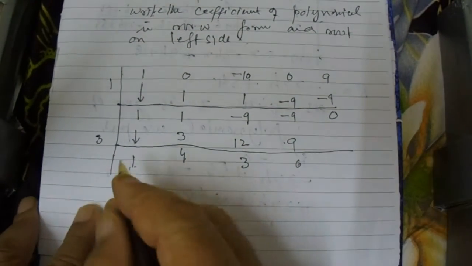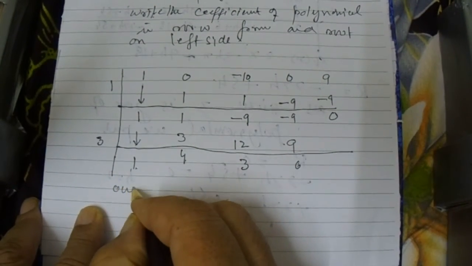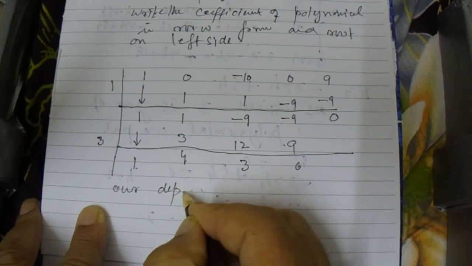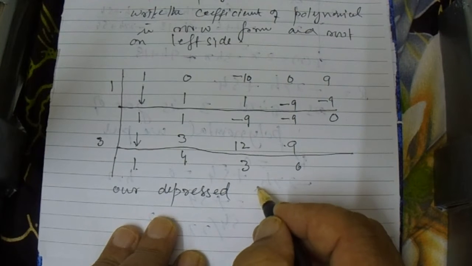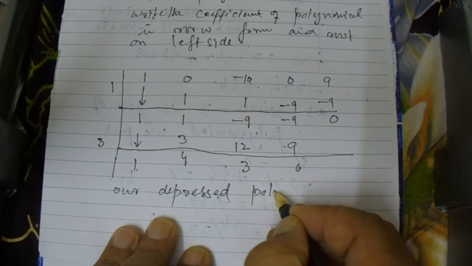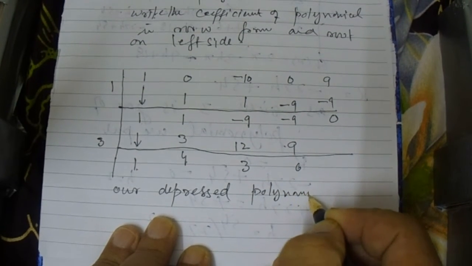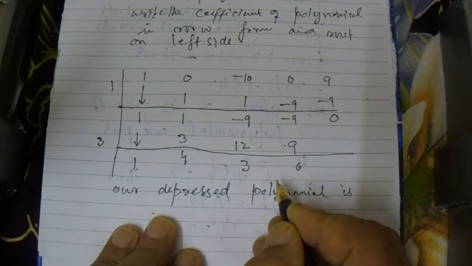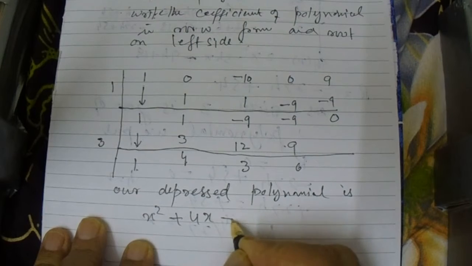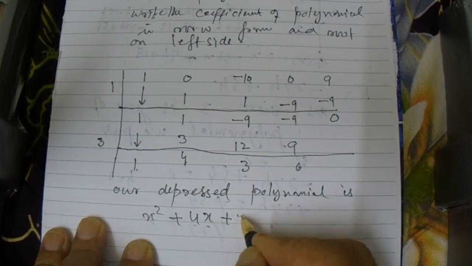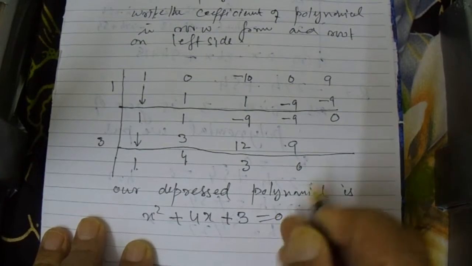Now our depressed polynomial is x² plus 4x plus 3 is equal to 0.